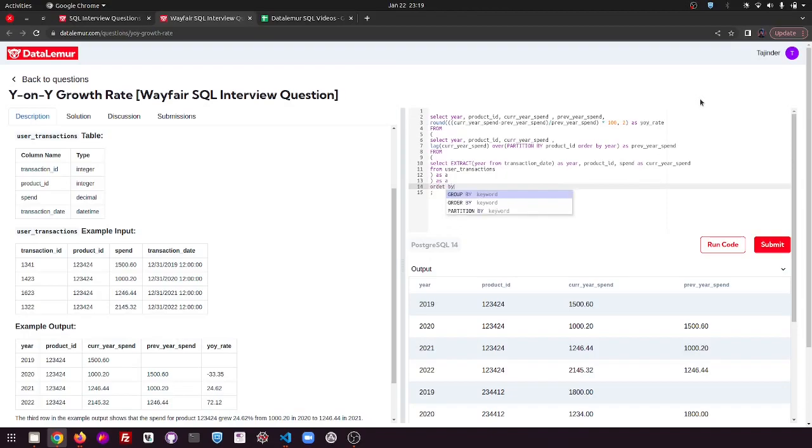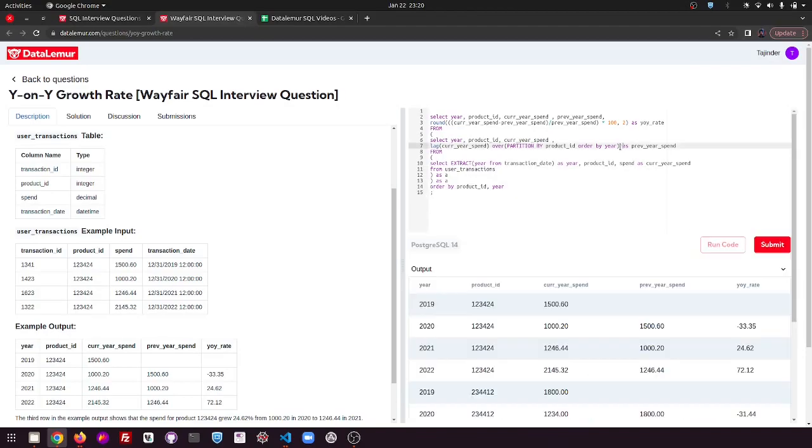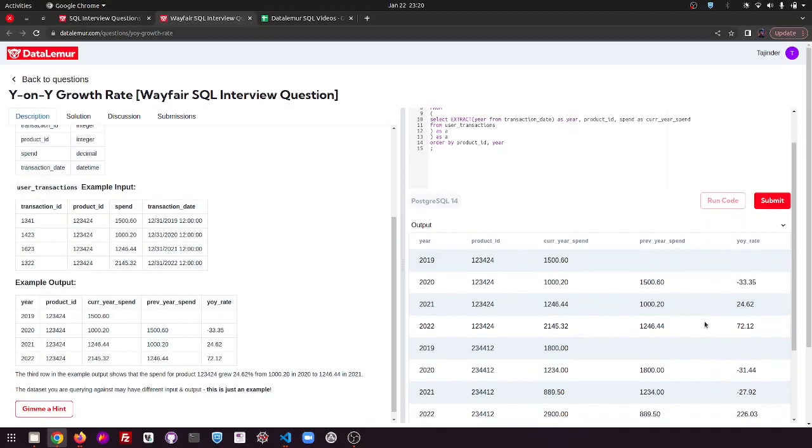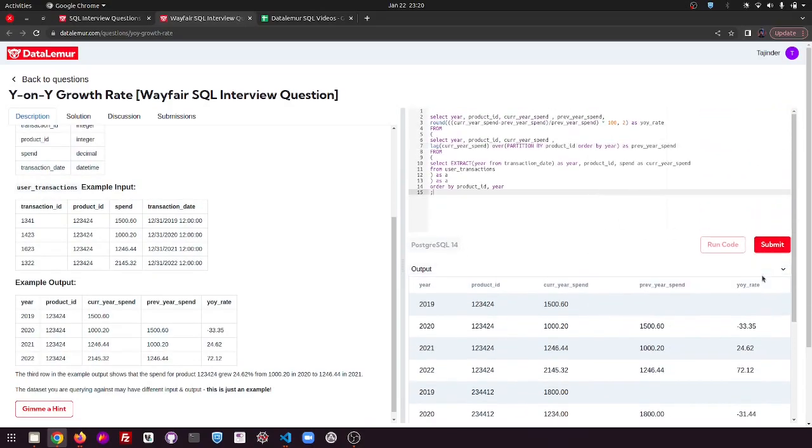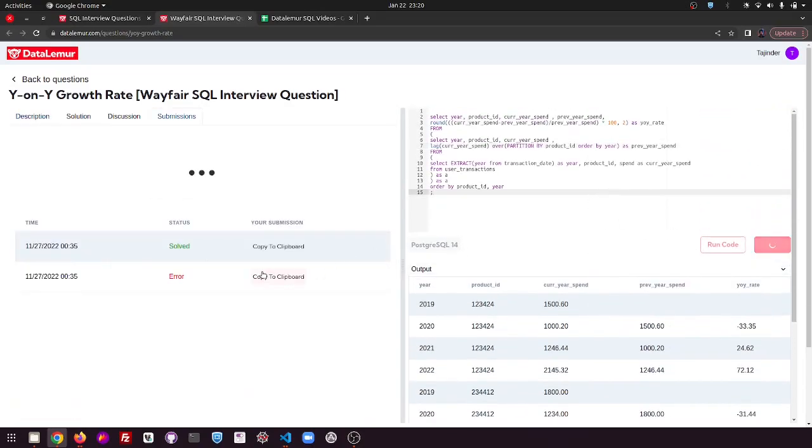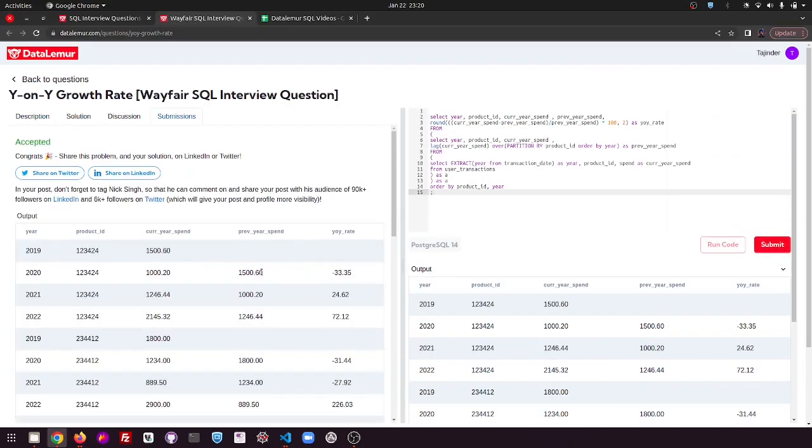Also we will use the order by clause here, first by product ID, then year. Let me run the code and check that we got the expected output. So we got the expected output, I think. Let me submit the question. Yeah, it is accepted.